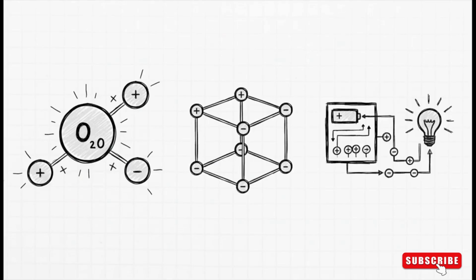I mean, just think about it for a sec. Chemical bonds? That's just Coulomb's law in action, holding atoms together. Why do materials behave the way they do? It's all about the push and pull between charges. And the entire world of modern electronics, I'm talking about the processor in your phone, the screen you're looking at right now, it's all built on our ability to understand and control this one fundamental force.